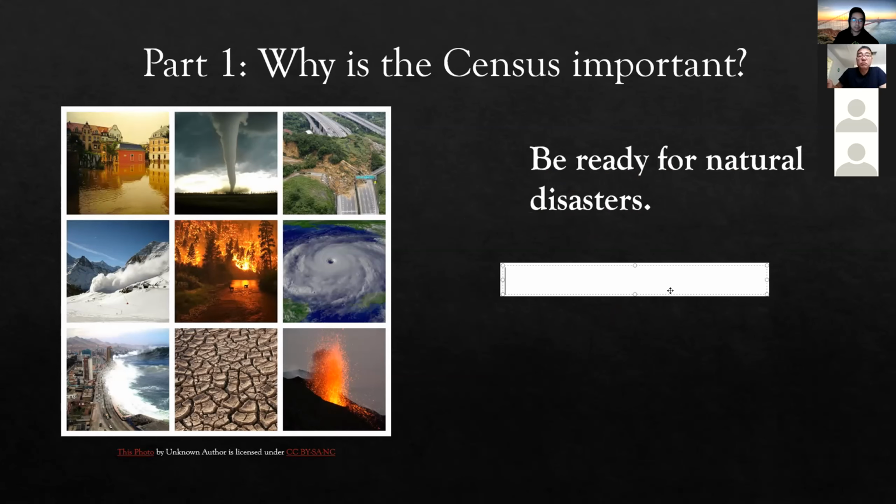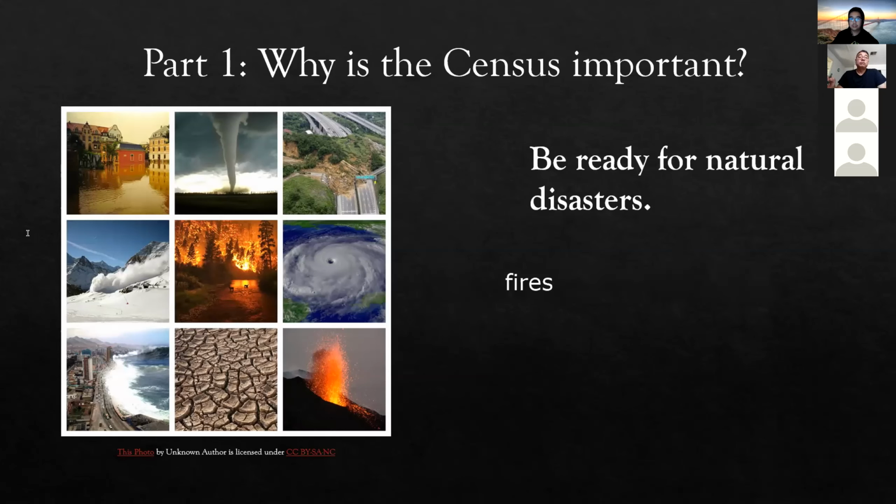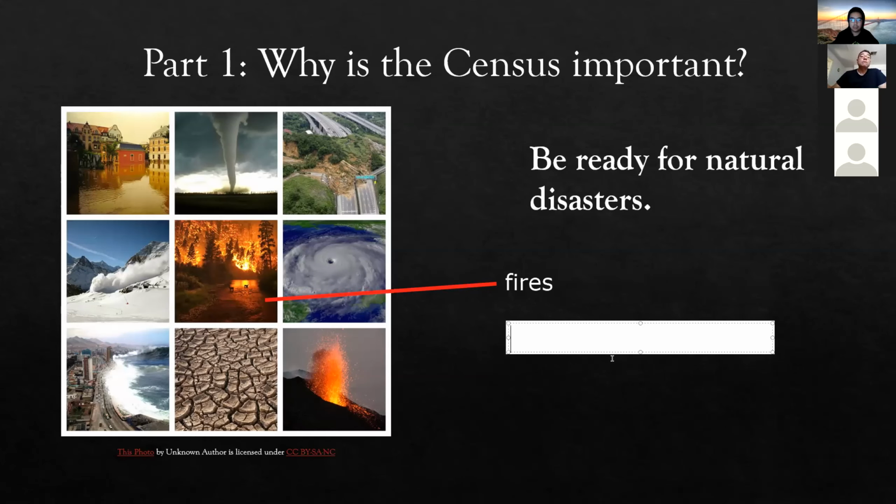California has some disasters. Last year and the last 2 years, California has fires. Oh, fire. Japan, Thailand, many other countries also had tsunami.